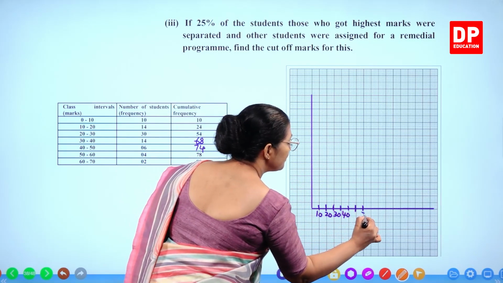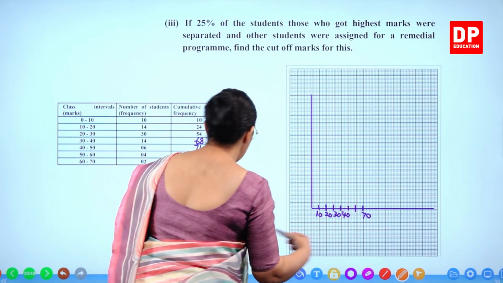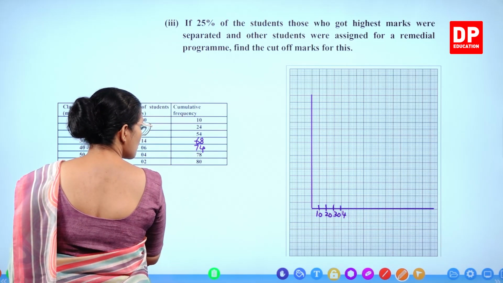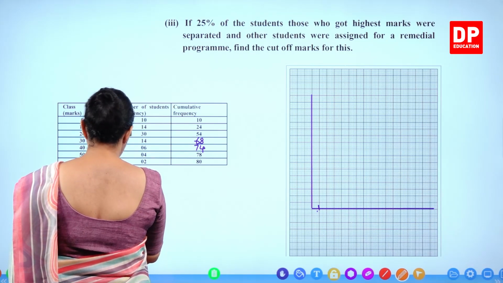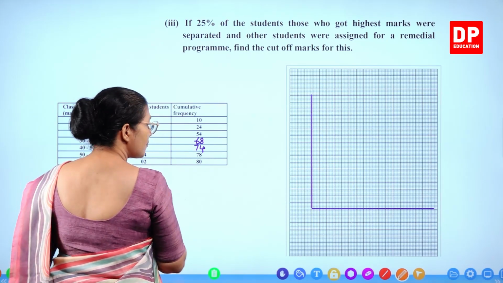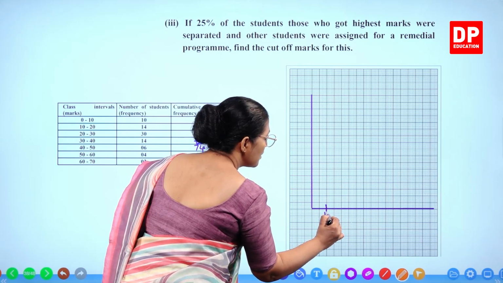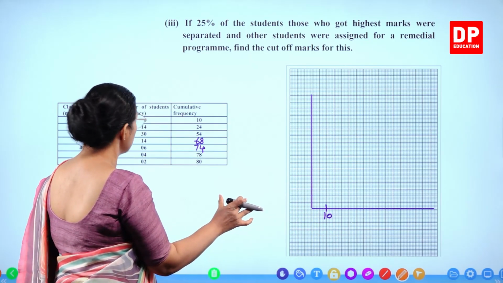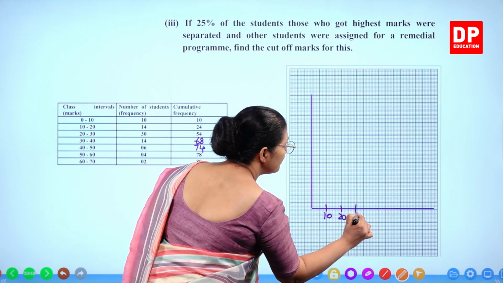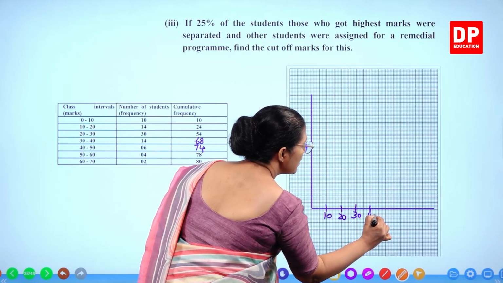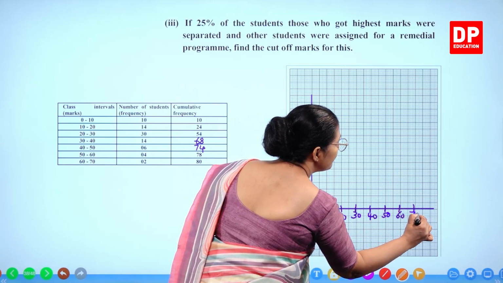Or you can take 10 squares as 1 unit, so 1 square means 1 unit: 30, 40, 50, 60, 70.